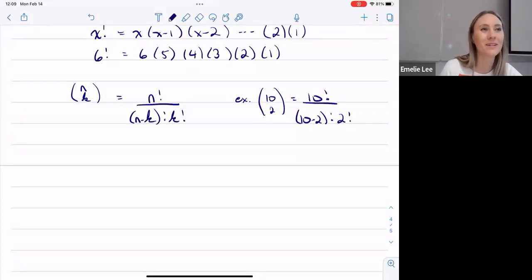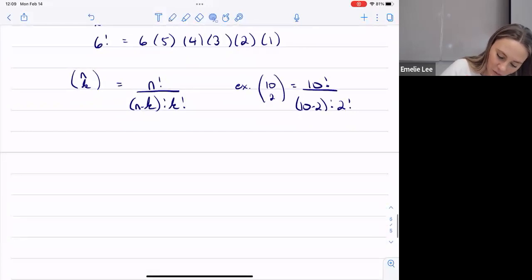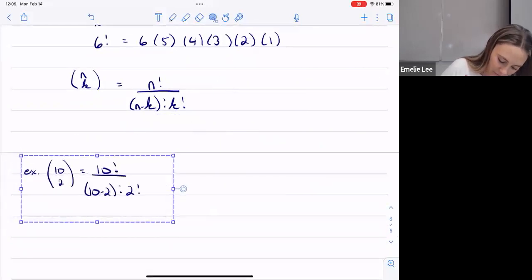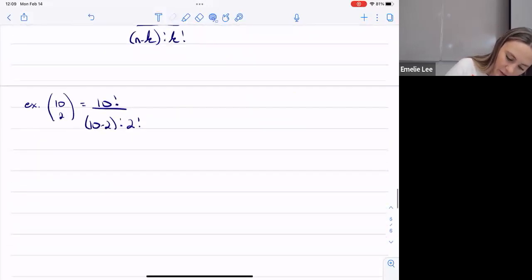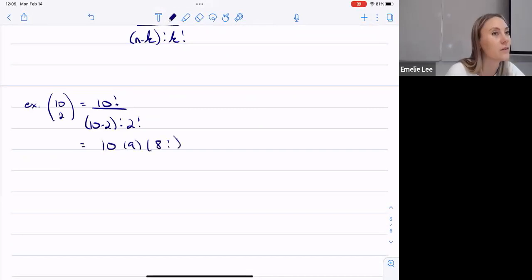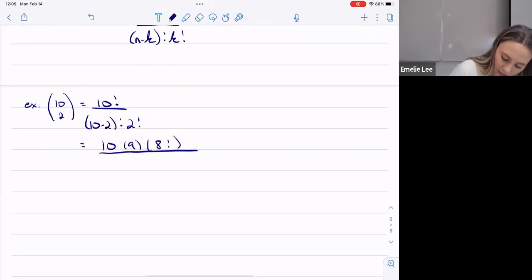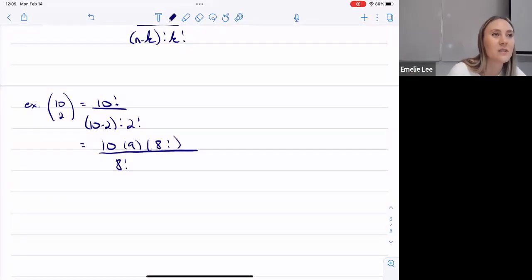There's a trick though for these kind of basic ones. Let me just scoot it down here. If you write this out, this is 10 times 9 times 8 factorial. There's a reason I stopped there, right? So you can kind of stop at any point, because then I have 8 factorial that I can cancel, right?